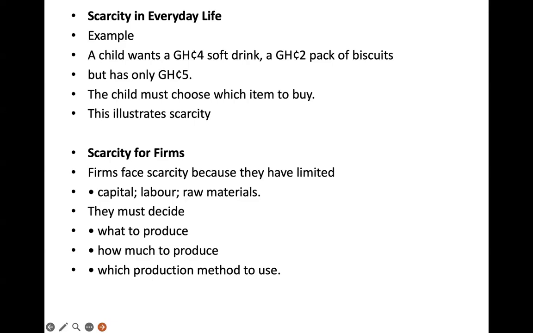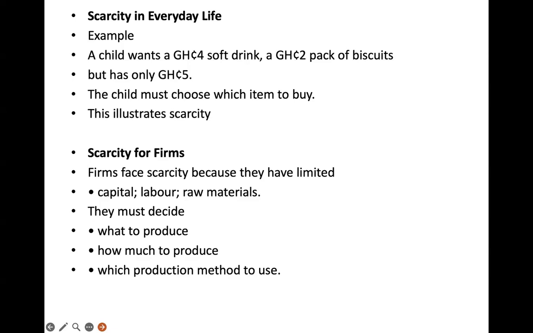Businesses also face scarcity. A firm has limited workers, machines, financial resources. Because of these limitations, the firm must decide what goods to produce, how much to produce, and what production methods to use. So these economic decisions involve scarce what? Scarce resources.